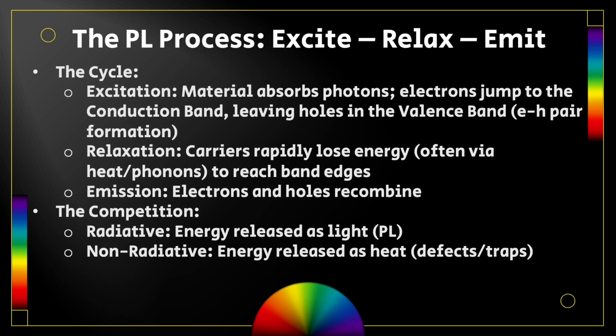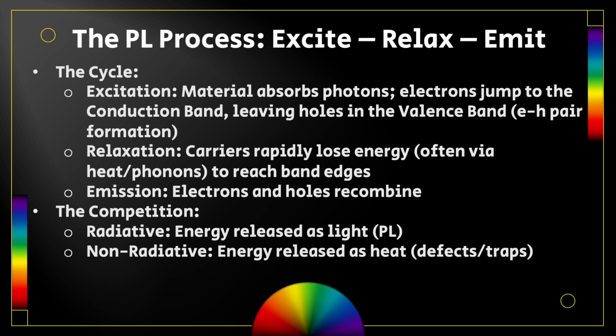First, let's briefly recap the fundamental mechanism that generates the data we analyze. We can summarize the PL process in three simple verbs: excite, relax, and emit. First, the excitation. It starts when the material absorbs photons. This energy excites electrons, pushing them from the valence band up to the conduction band, leaving behind holes.